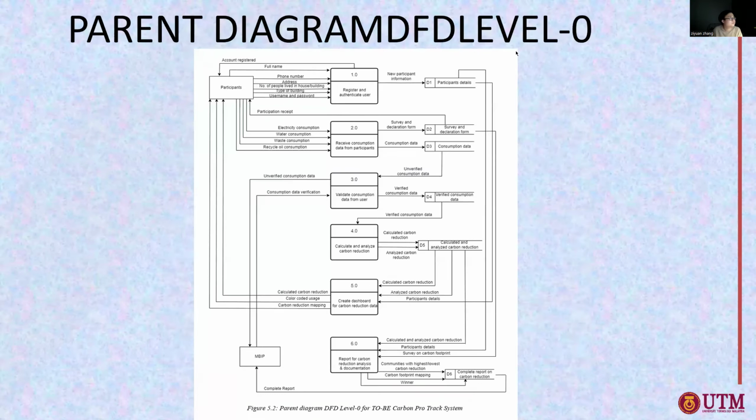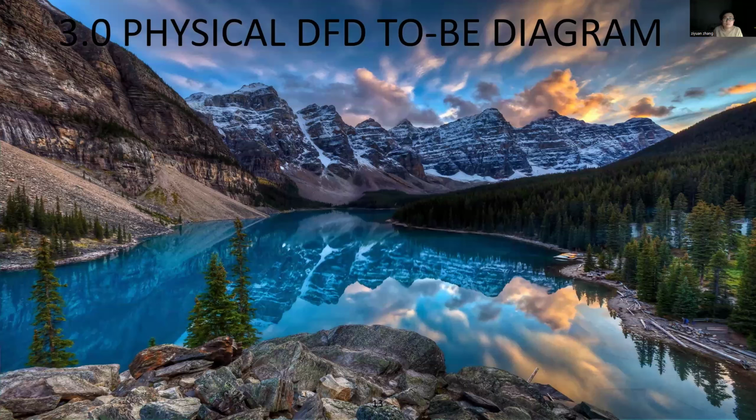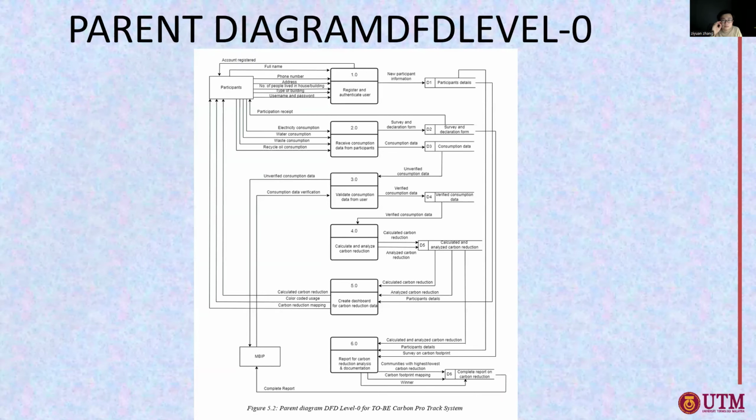This forms the foundation of our carbon footprint analysis. Then we move to process three, validate consumption data. The system will validate this consumption data, ensuring its accuracy and reliability.